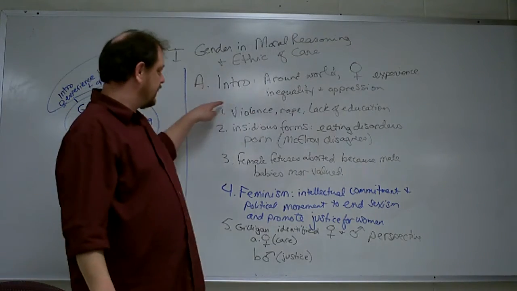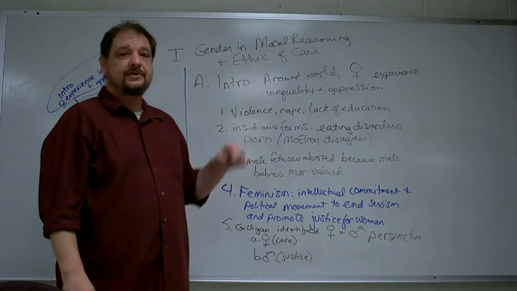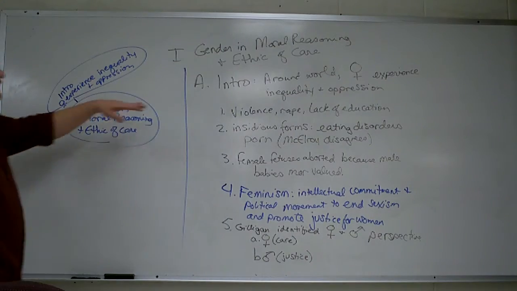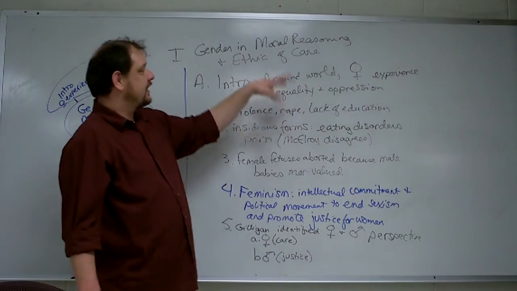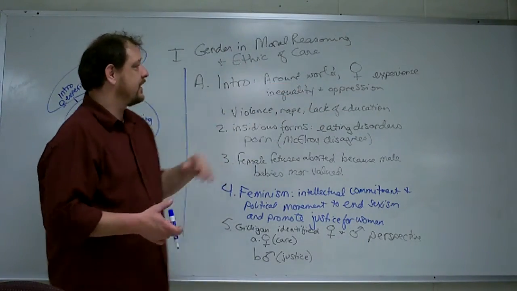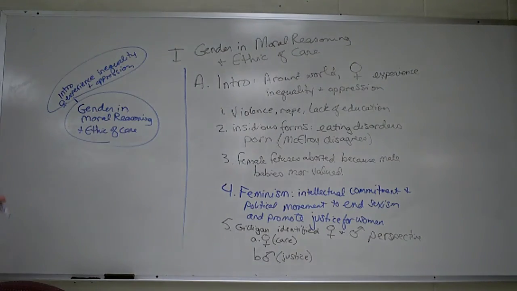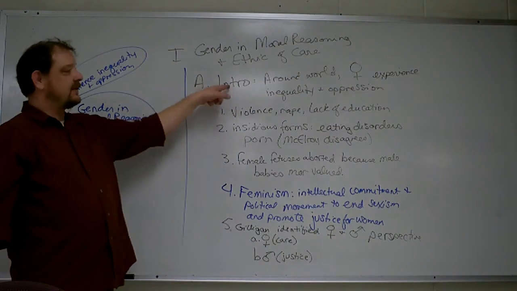Remember, everything else developed that. So our first point about violence, rape, and lack of education is one set of ways that women around the world experience inequality and oppression. Well, that is an idea that develops this.